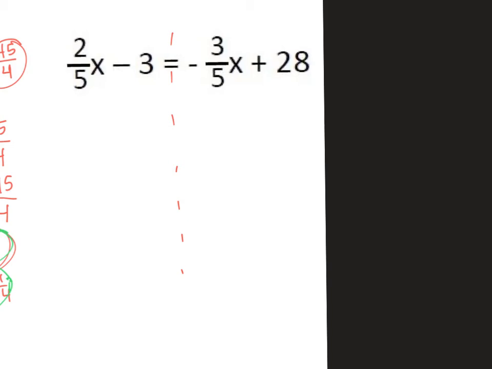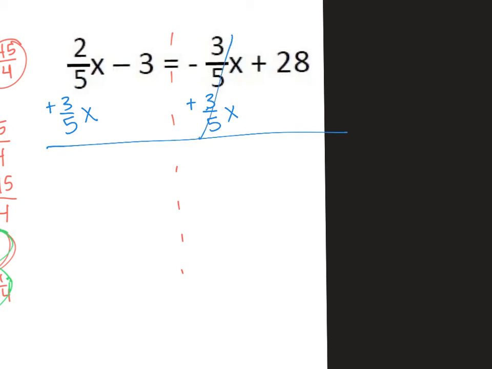All right. So to get both of our x's on one side, I'm going to move the smaller one. That's what I like to do, remember? So I'm going to add 3/5 x to both sides. I'm moving the whole thing with the x.